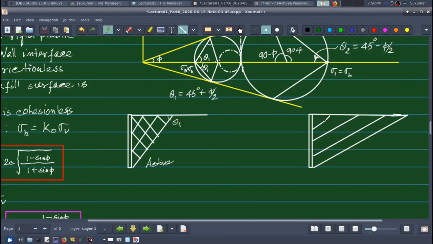Alright, this is one set and another set will be parallel to this line, so I will have something like this, maybe.